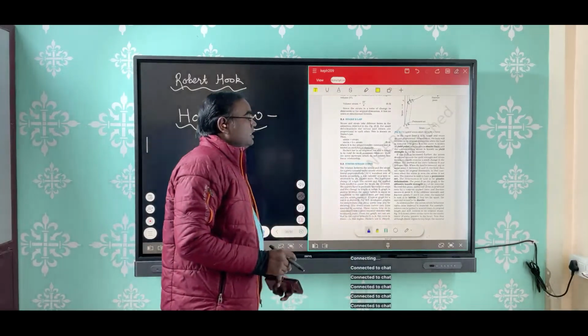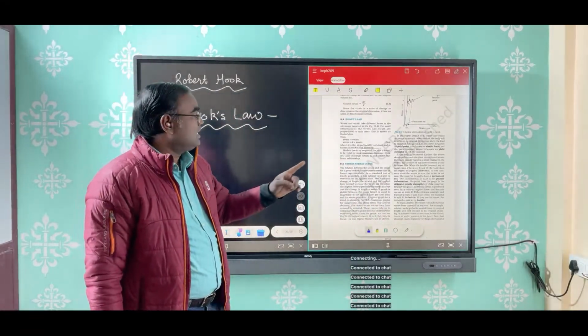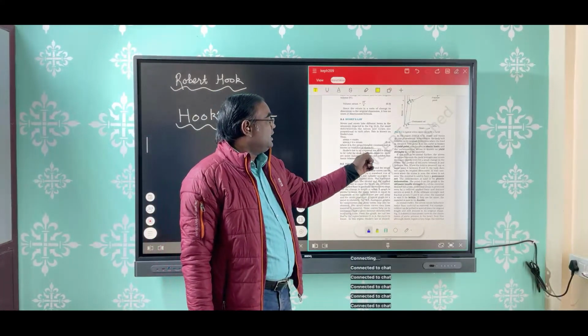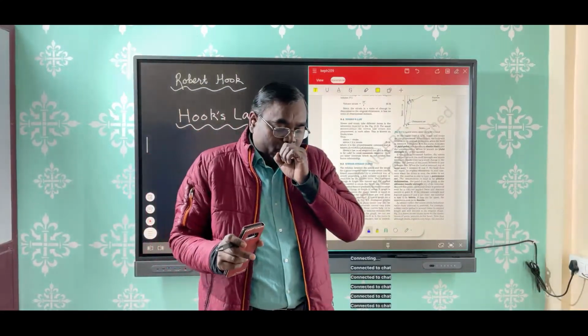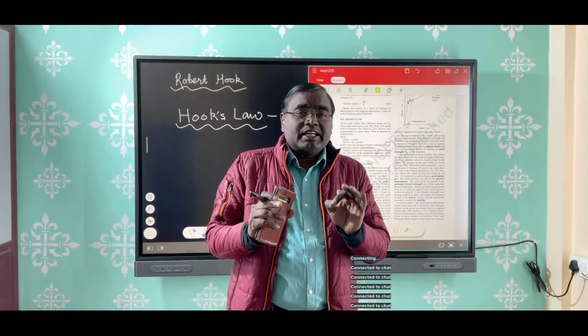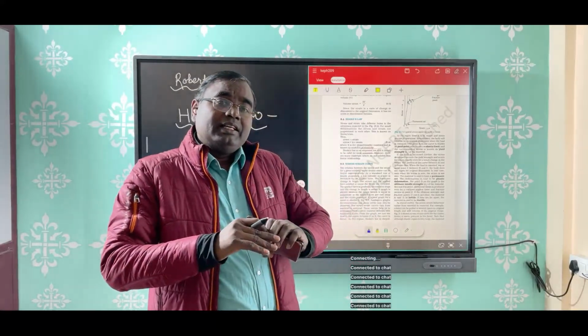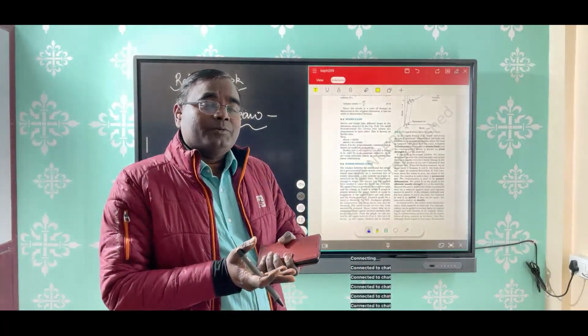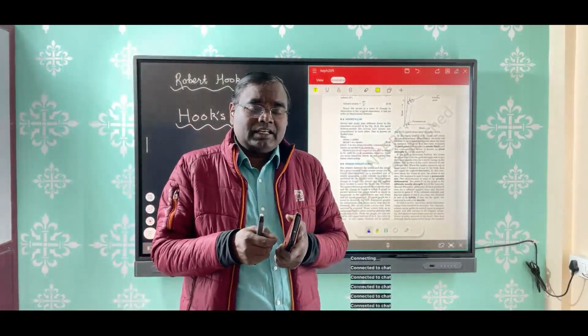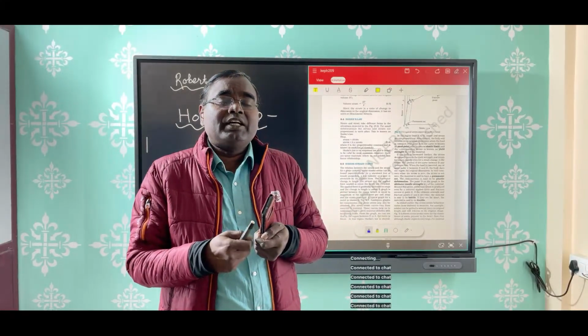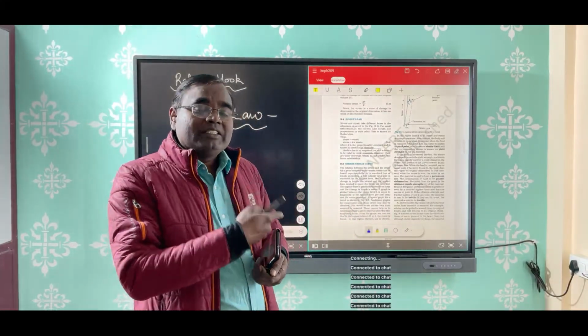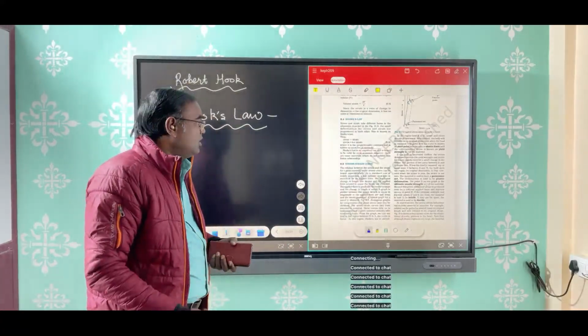In your NCERT textbook, it is clearly written that it is an empirical law. By trial and error, he established this law by doing practical experiments on different materials. So what is this law?